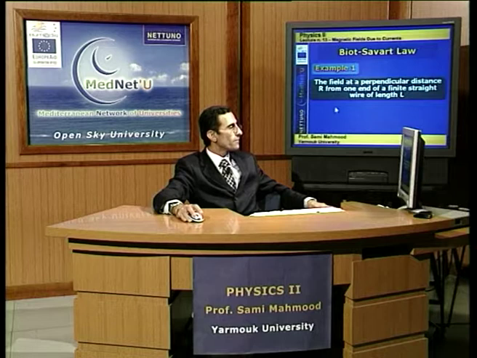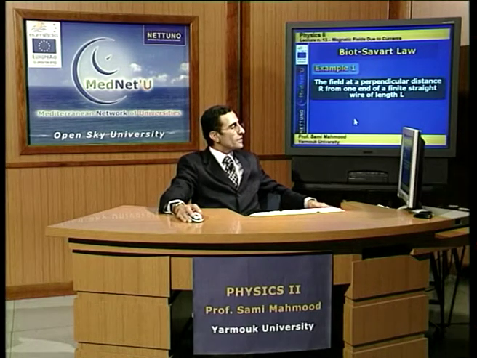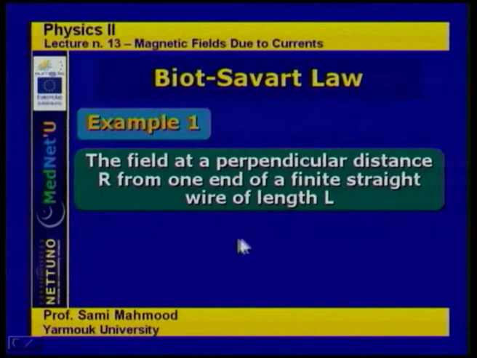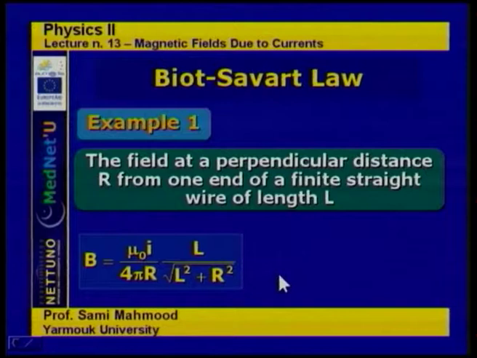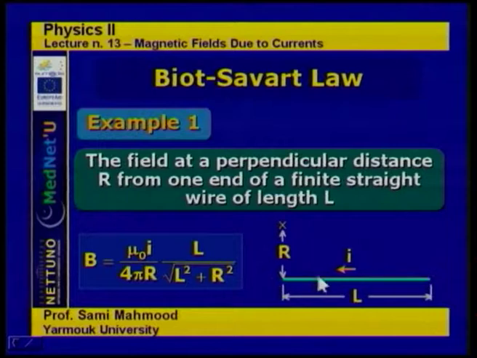As an example, the field at a perpendicular distance r from one end of a finite straight wire of length L. Let's assume a finite wire of length L, and so we substitute in the previous result for the integrand the integral from minus L over 2 to plus L over 2, where the wire extends.